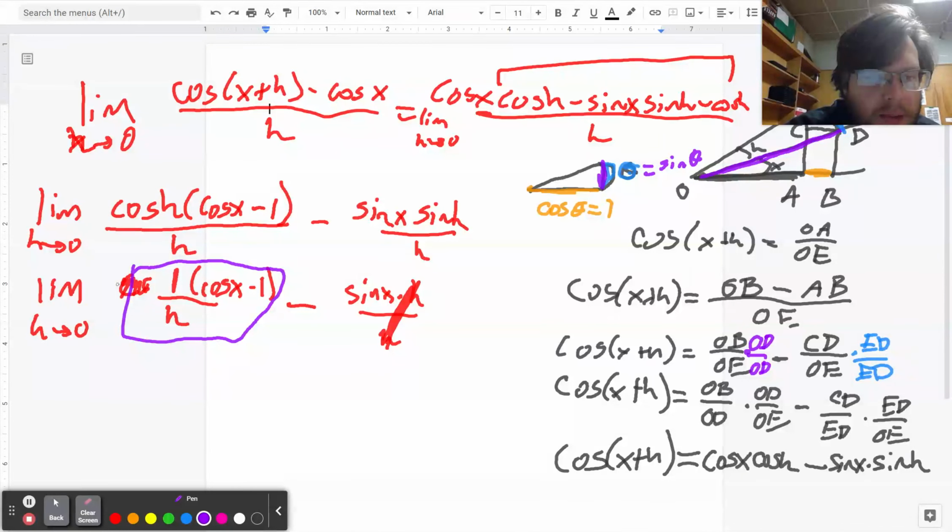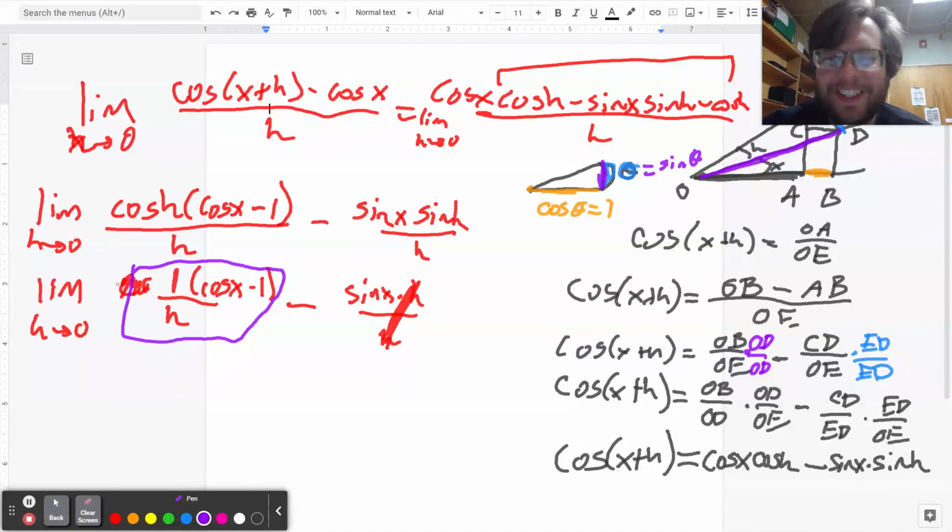Why is that? So let's see here, because as h approaches 0, oh, that's weird. What did I do wrong? I see my error.